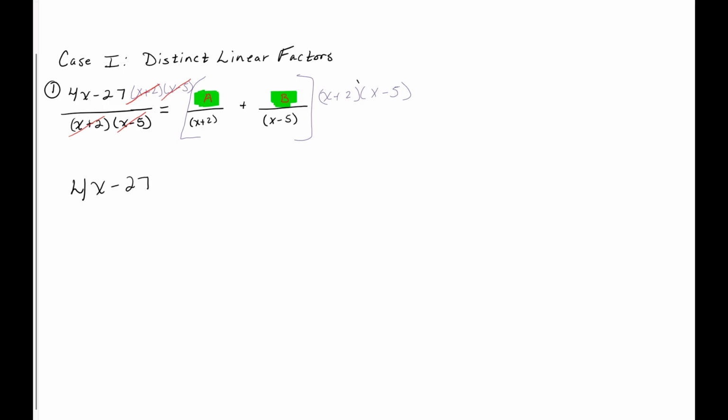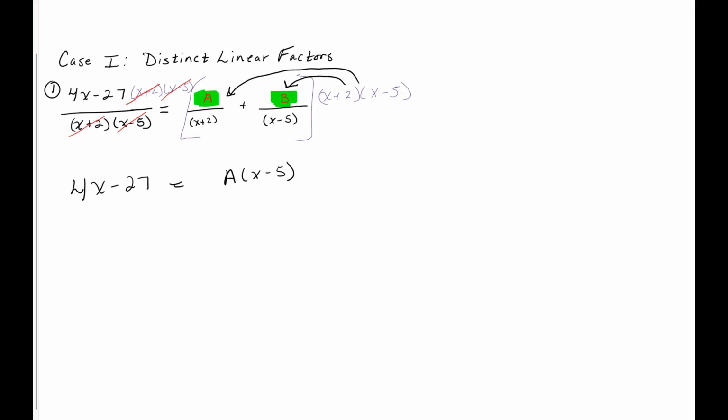Now over here, when you take these two and you distribute them in, what happens? You have a times x plus 2 times x minus 5, and then divided by x plus 2. So you're left with a times x minus 5. The x plus 2 cancels here and here. Now I'm going to undo that.